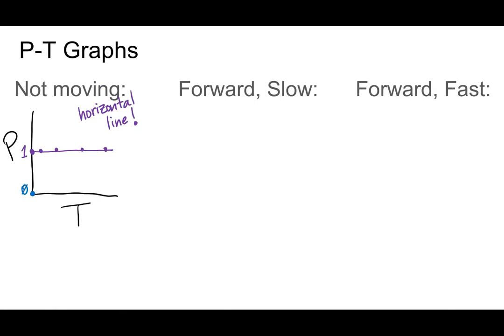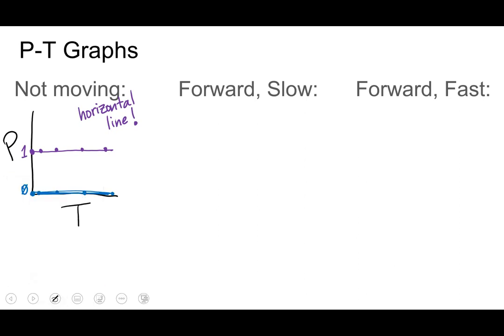And if I'm not moving, in 1 second, I'm still at the tree. 5 seconds, 10 seconds, and so on. And so it is still a horizontal line. So the position that we're at tells us where we are, and then the horizontal line tells us that we are not moving. The slope tells us something about how quickly we're moving. So you'll see that in just a second.